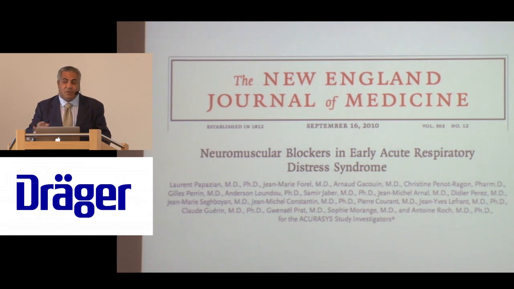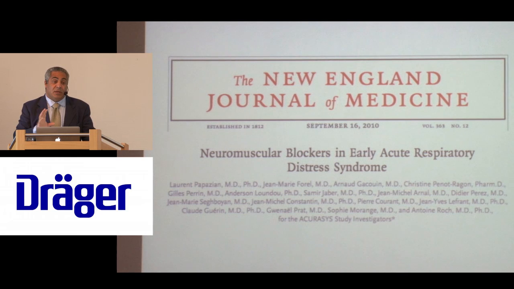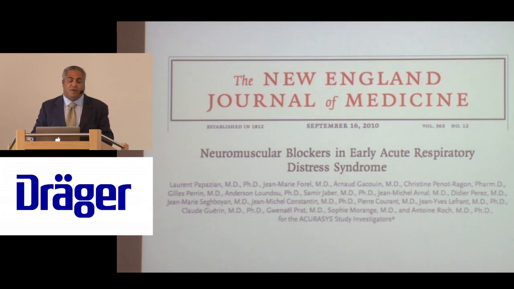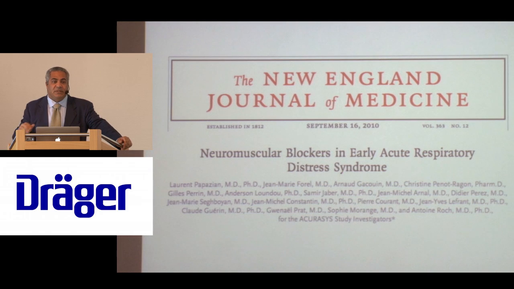So I would strongly suspect that these patients, compared to APRV, had a much lower lung volume, because we know in APRV the lung volume is much bigger. So the lower your lung volume, the more curved your diaphragm and the more effort you can really make. And so perhaps in this setting, I would probably say this is a good idea to paralyze them.